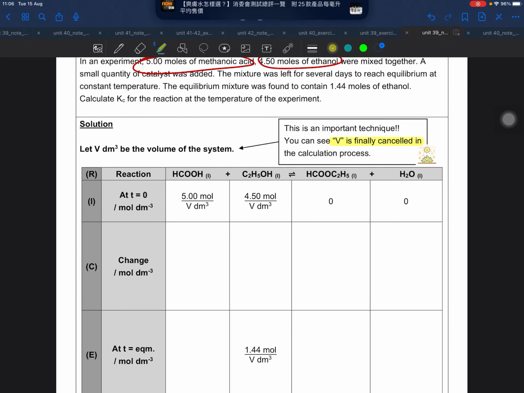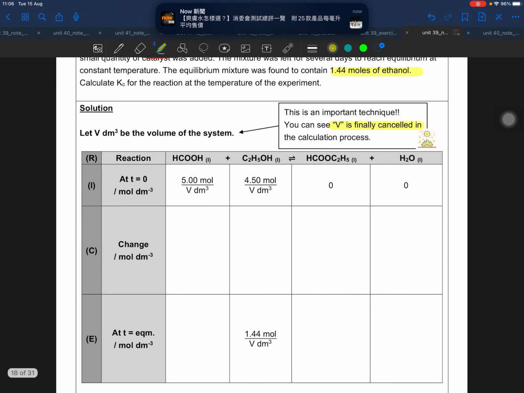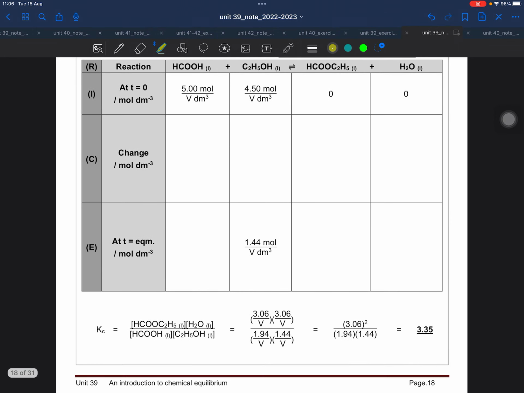Alright, so at the end, 1.44 mole of ethanol is kept. So like this. Let's write it down. Start from 4.5. At the end, there is 1.44. Then the drop is minus 3.06 here. Well, with the same mole ratio. Alright.